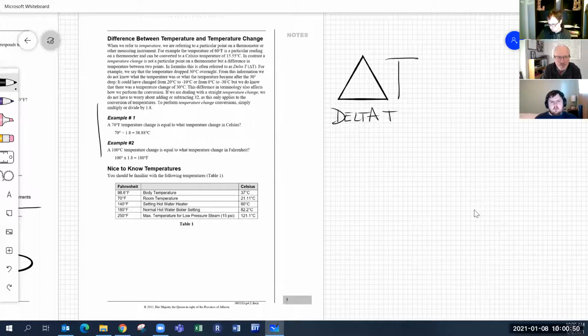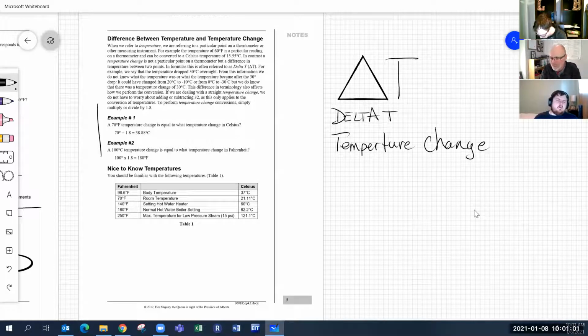Delta T is basically what we use to classify temperature change. We want to know the difference between the temperatures. So for example, if I had some water at 50 degrees Fahrenheit and I increase the temperature of that water to 85 degrees Fahrenheit, the temperature difference between these two is 35 degrees.